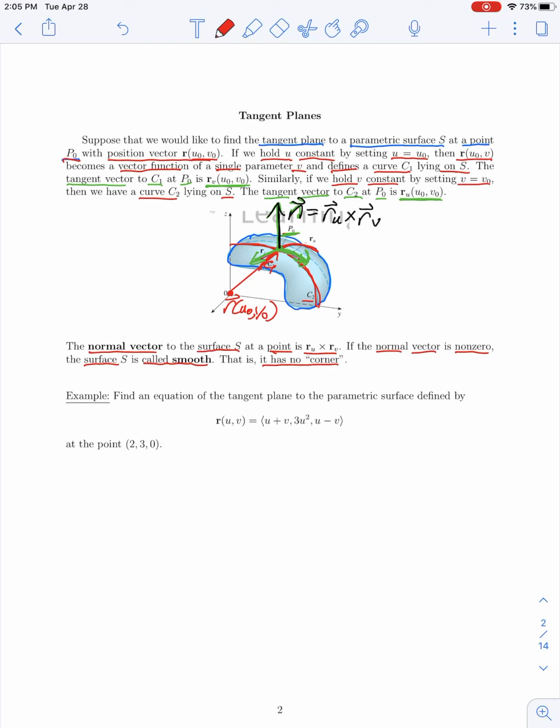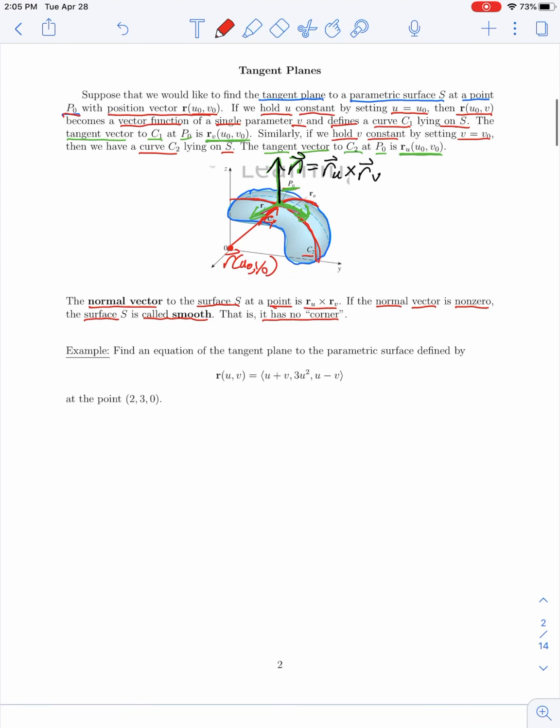So let's look at an example of finding a tangent plane to a parametric surface. In this next example, we want the equation of a tangent plane to the parametric surface defined by the following vector function at a specific point on that surface, (2, 3, 0). To find the equation of a plane, we need a point, which we're given in the problem, and a normal vector to that surface. To get a normal vector to a parametric surface, we take the cross product of the partial derivatives of that vector function.